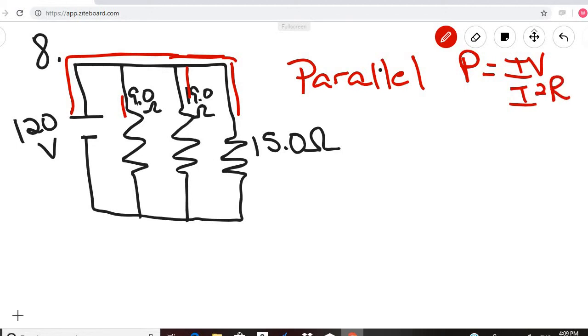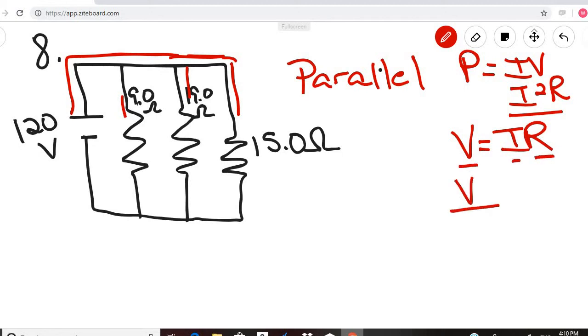But in either case, we need to solve for I, and V is equal to I times R. So we know this. If we can get this, then we can solve for I. So V divided by R is going to be equal to I. So our three resistors are 9.0, 19.0, and 15.0.